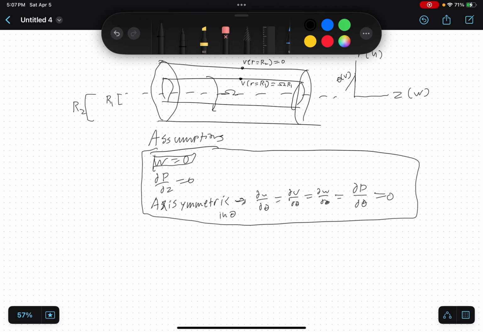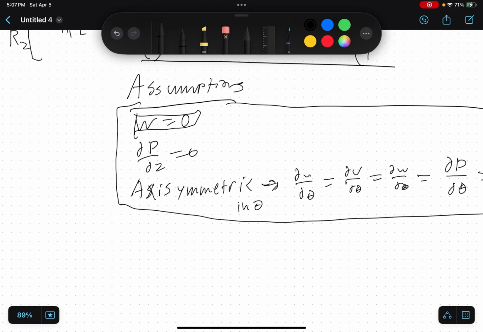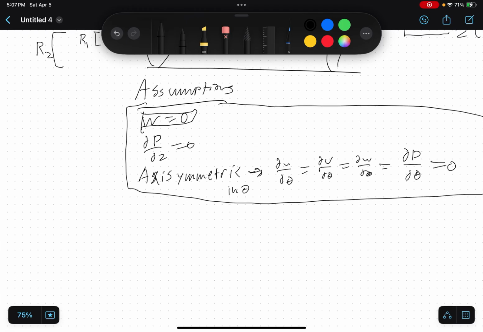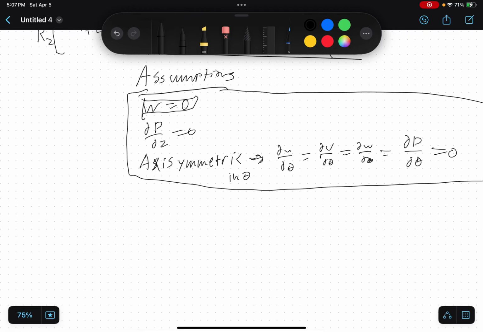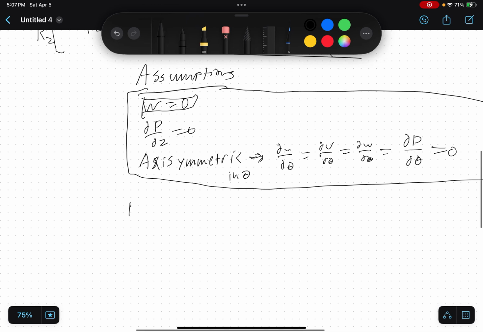So, all right, the Navier-Stokes equations are wild. But let's do them. There's one in each direction. Let's do the one in z first.